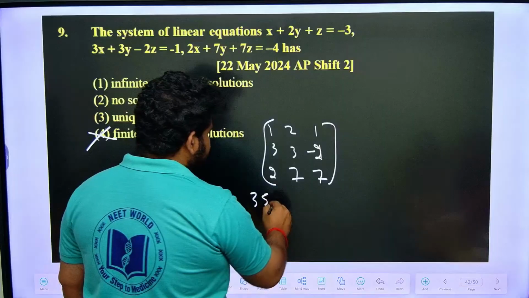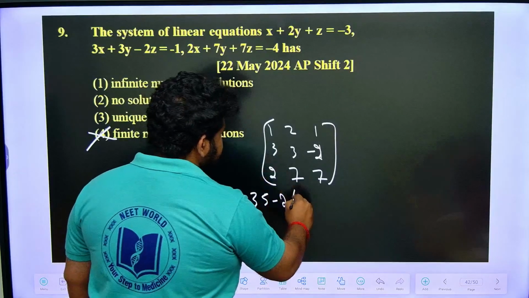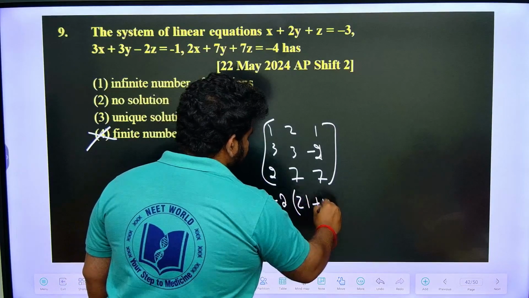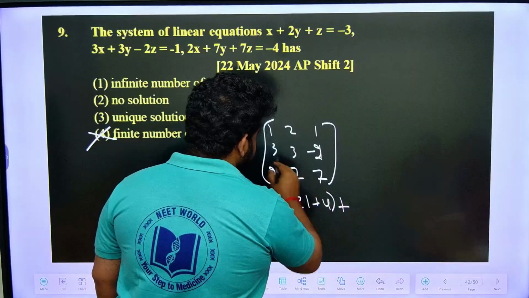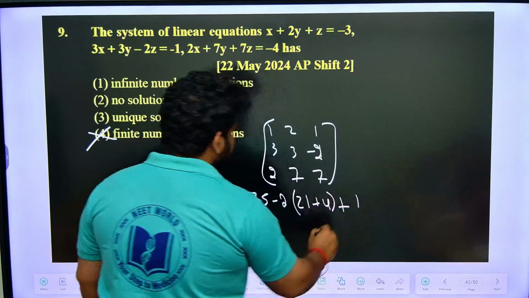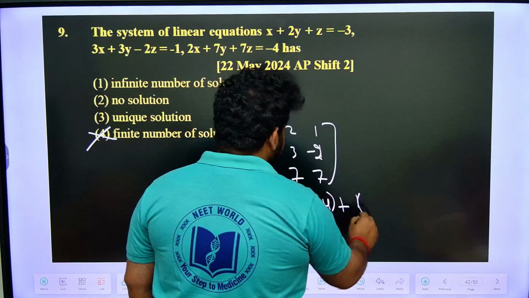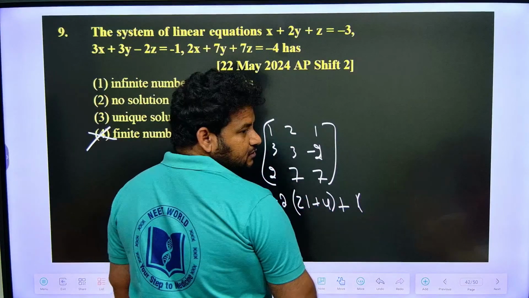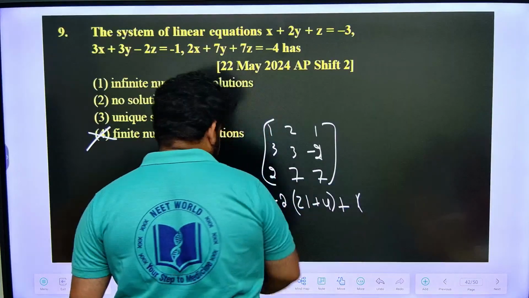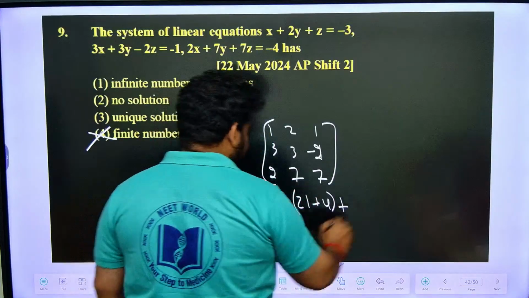Next, minus 2 into (3 sevens are 21, plus 4), and then 1 into (3 sevens are 21 minus 6), which is 15.